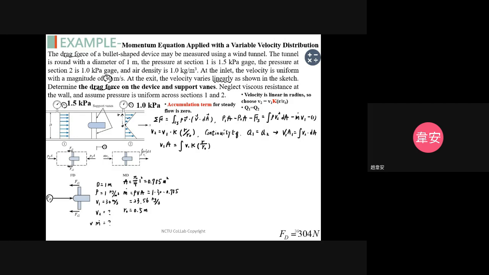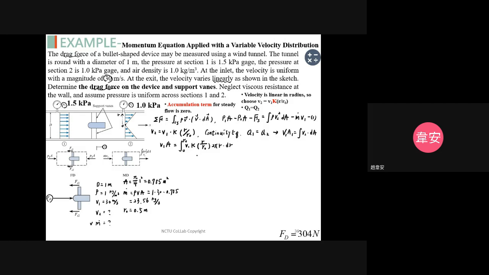Because this is a pipe, dA can be replaced by 2 pi r, the radius length, multiplied by dr. This is the ring area of the pipe. And what is the integration interval? We start from 0 to R0.